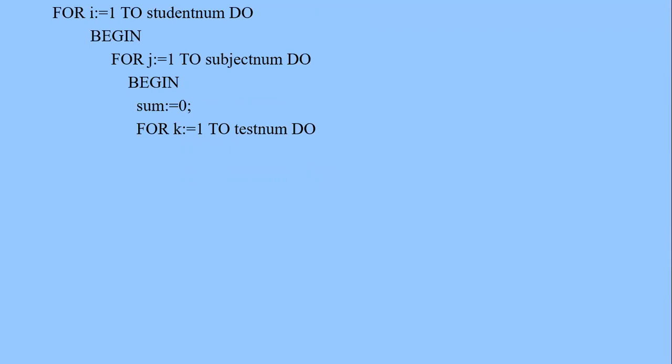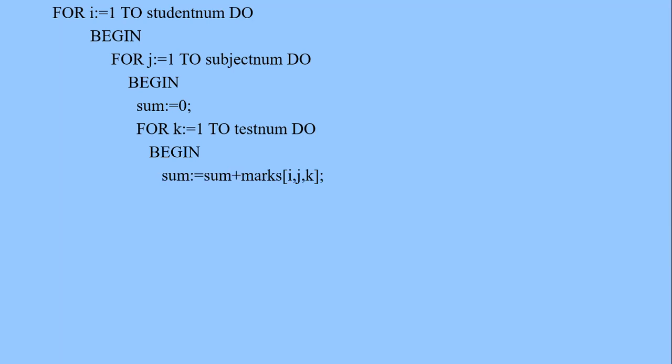In other words, beginning with k containing value 1 to the maximum number entered as the number of tests, do. Begin. Compute the mark stored in subscript I, j, k. Pick that value stored in that 3-dimensional array at subscript I, j, k, add it to the content of the memory location called sum, and assign the overall score to the memory location called sum.